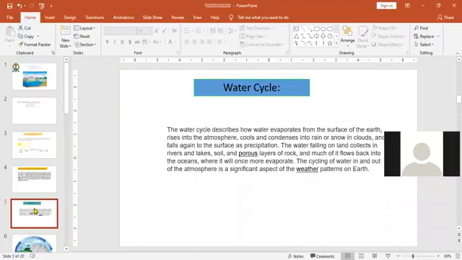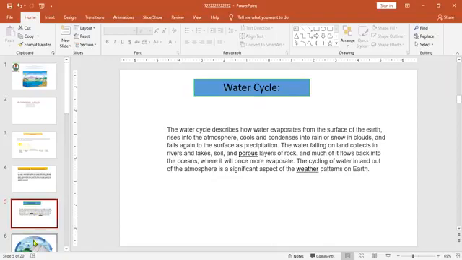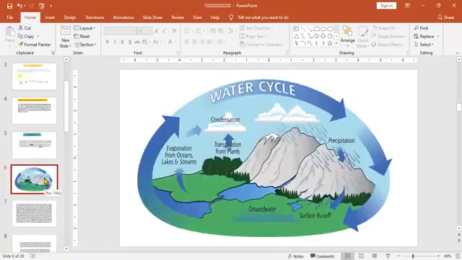Okay. The cycling of water in and out of the atmosphere is a significant aspect of the weather patterns on Earth. The cyclic rotation of water is called the water cycle. Okay, please look at the picture.